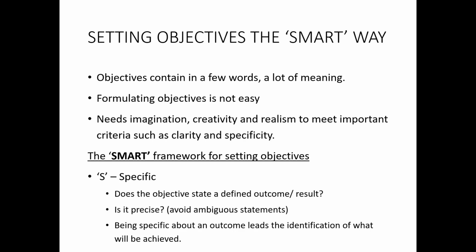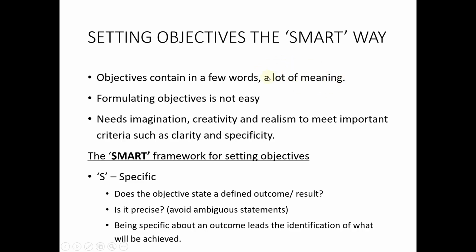Now, how do we set the design objectives? There are several methods by which we can set the design objectives. And objectives, as we mentioned, even if stated in very few words, have a lot of meaning. Customer says a portable drilling machine or any other portable device, it can mean a lot of things.